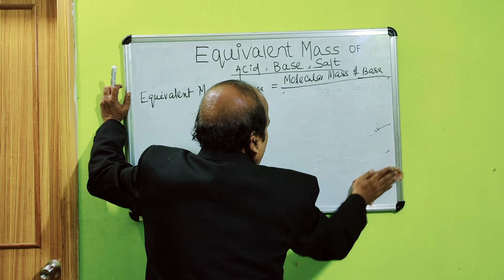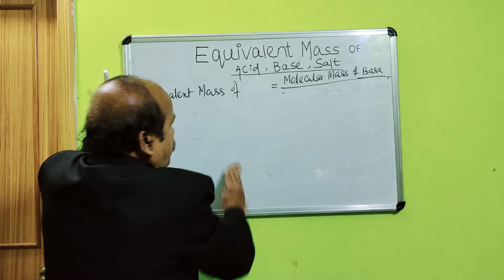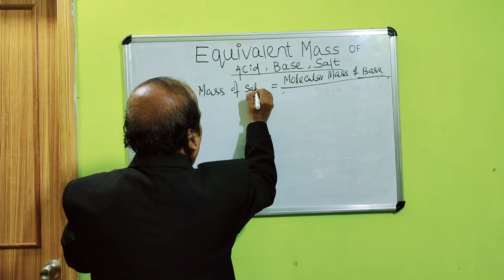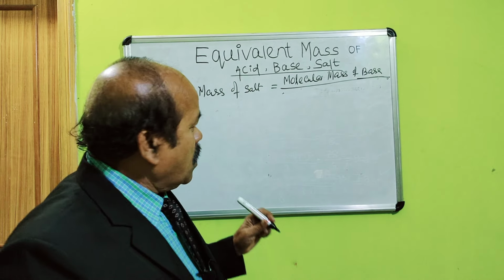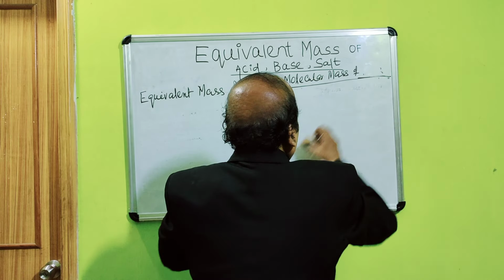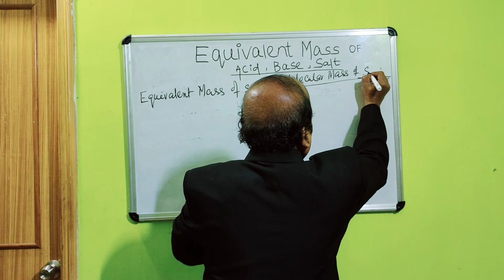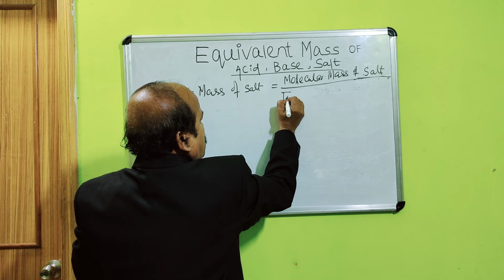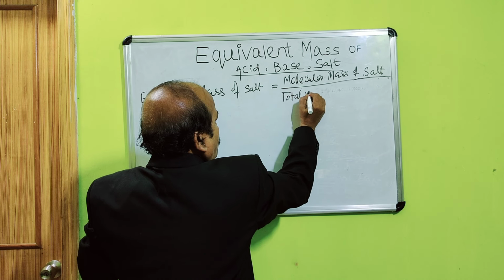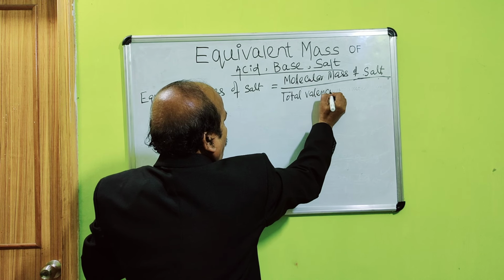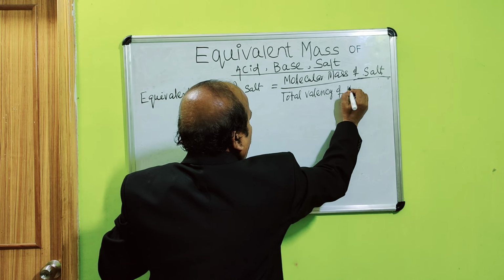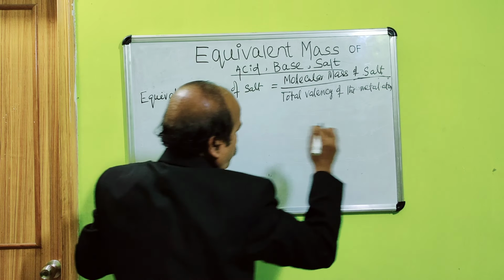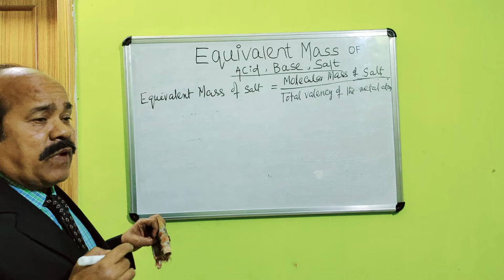Equivalent mass of salt is also a ratio between the molecular mass of the salt to the total valency of the metal atom. Now let me tell you what we mean by a salt.